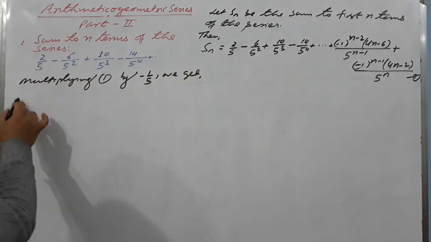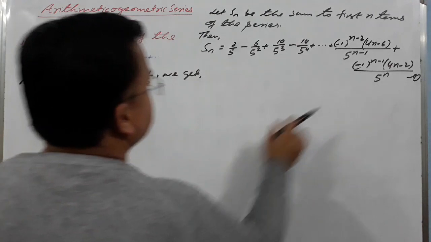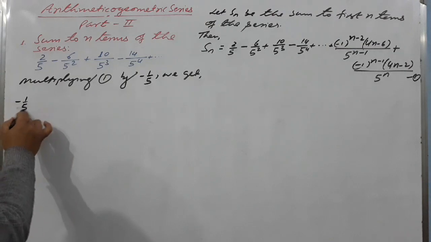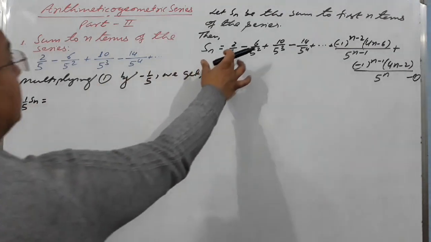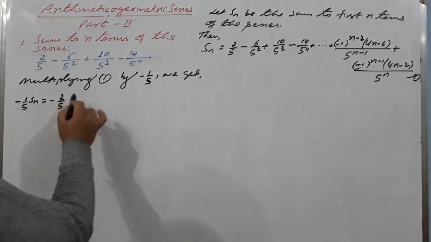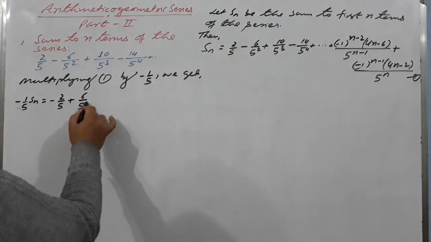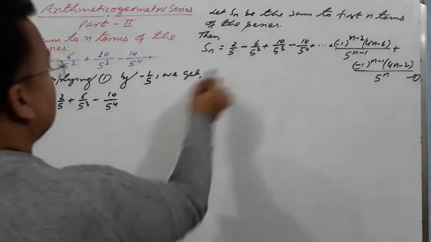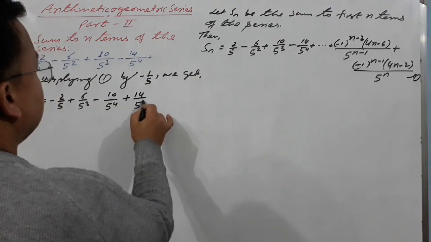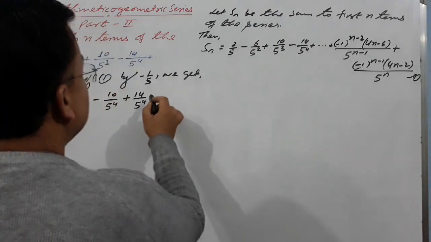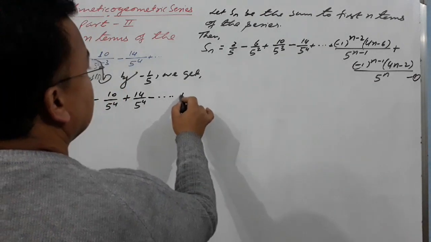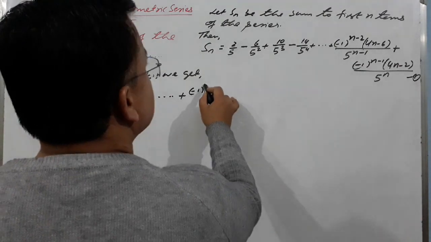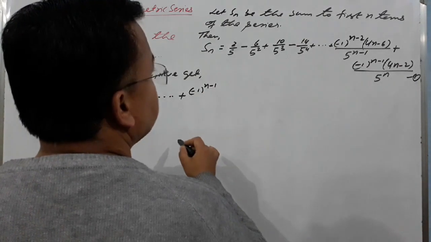Or we get, see, this is for the first, meaning this whole expression, negative 1 upon 5 Sn is equal to, now multiply this, you will get negative 2 upon 5 squared, positive 6 upon 5 cubed, and negative 10 upon 5 to the 4, and positive 14 upon 5 raised to power 4, plus dot dot dot, and plus minus 1 raised to power n minus 1.